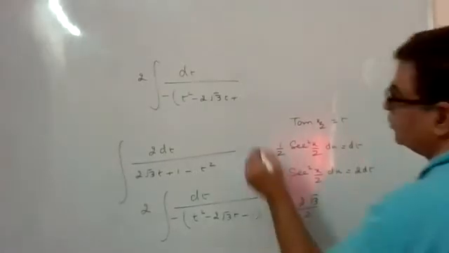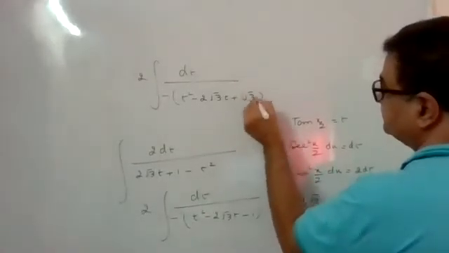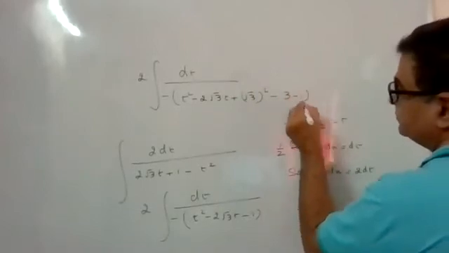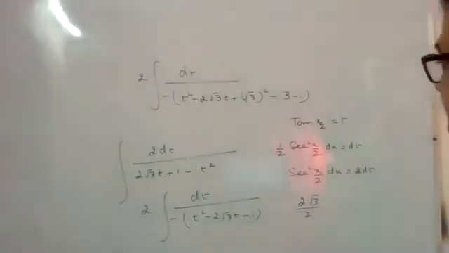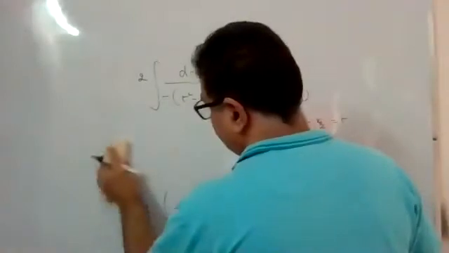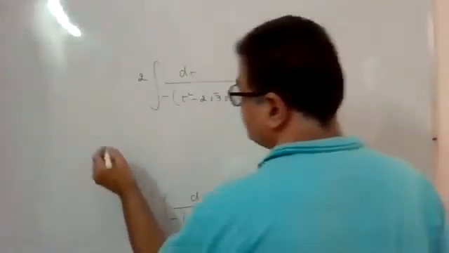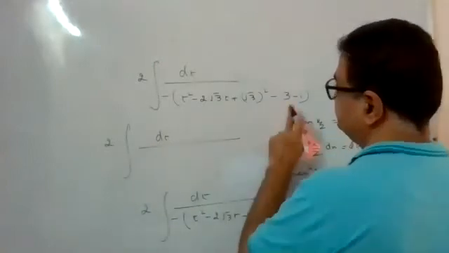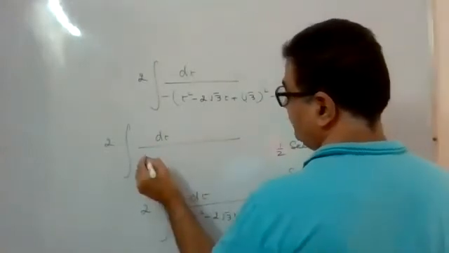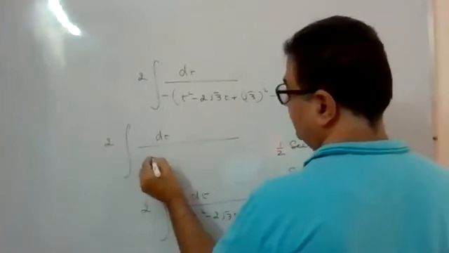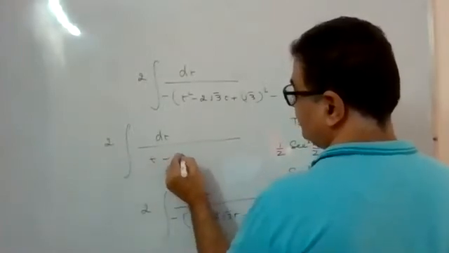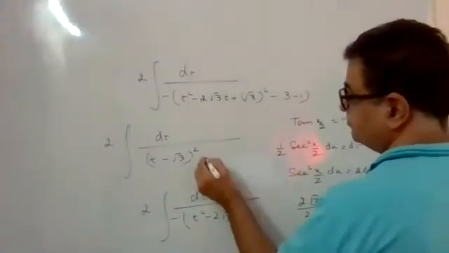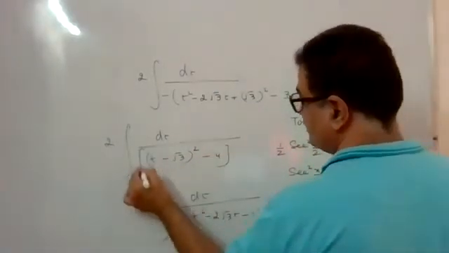So square will be root 3 square, added and subtracted. Then we write this result as 2 as it is, dt by 4, that means it will be t minus root 3 whole square minus 4.